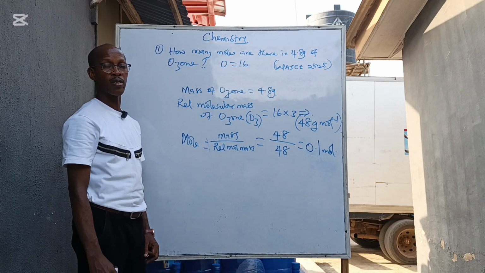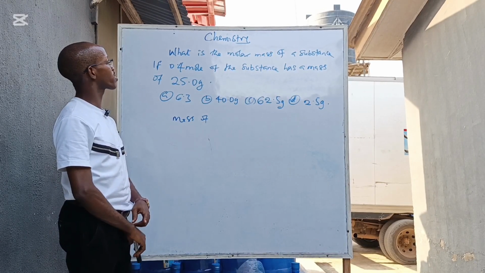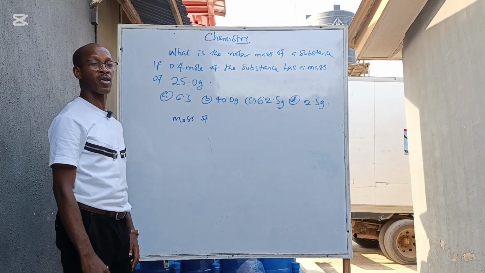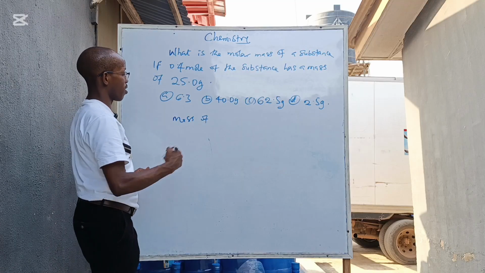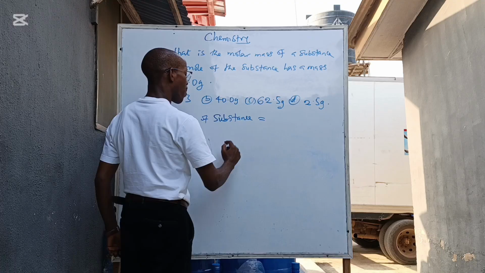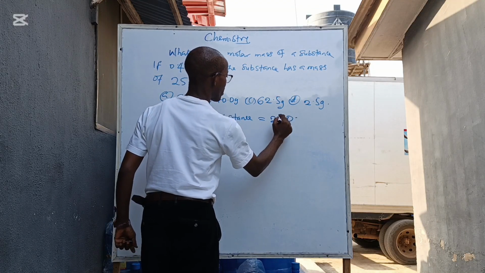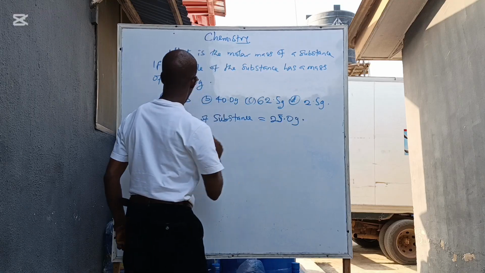That's the short formula for mole. Just write mol. So from the question, what is the molar mass of a substance if 0.4 mole of the substance has a mass of 25 grams? So the substance can be a compound like CaCO3, any issue? No issue on that. 25 grams.